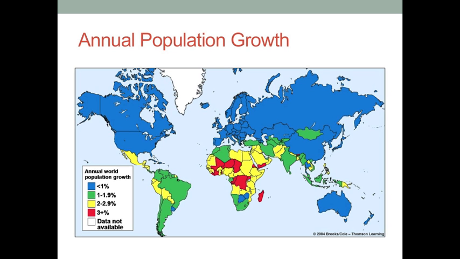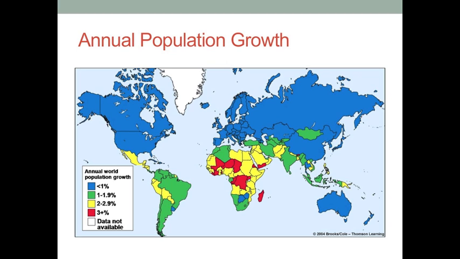When we put all of this together and examine total population growth within sub-Saharan Africa, a couple of things are present. First of all, we can see that low growth rates are becoming prevalent in the areas most affected by HIV/AIDS, that is in South Africa, Botswana, Zimbabwe, etc. We can also see that in the mid-states to the east, the Anglophone states, the annual population growth rates are somewhat moderate.